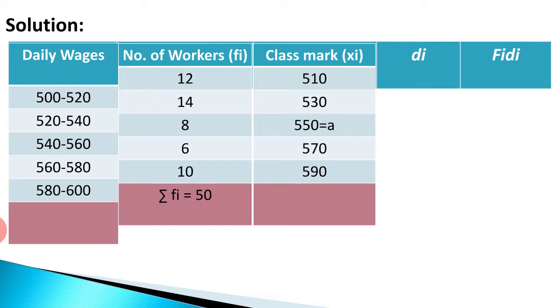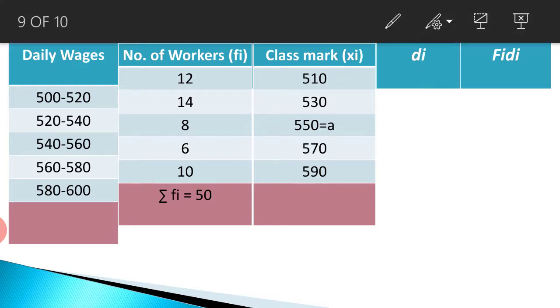See, what is the class width? 20. So 510 plus 20 is 530, 530 plus 20 is 550, 550 plus 20 is 570, and 570 plus 20 is 590. Without finding the average for every other class interval, you can easily get the class mark if you know the class mark for the first interval and the class width of the groups.